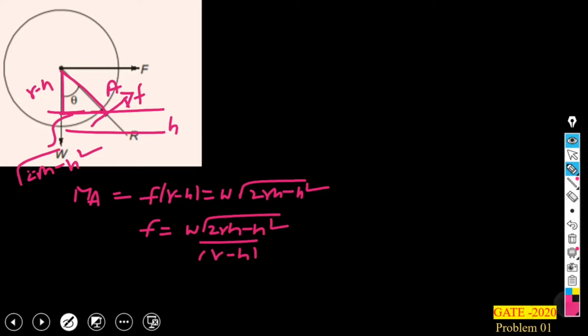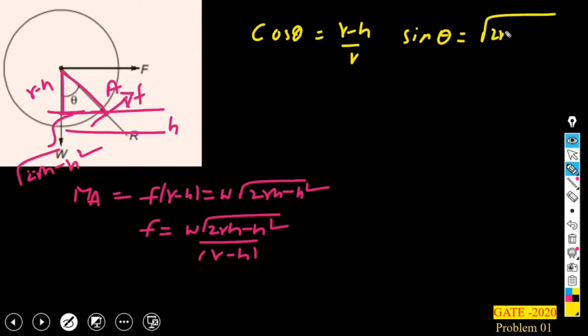In this case, cos theta is equal to r minus h by r, and sin theta is equal to square root of 2rh minus h square divided by r. Let me take the summation of the forces along horizontal as well as along vertical. Since it is in equilibrium, the summation of forces would be equal to 0 in this case.